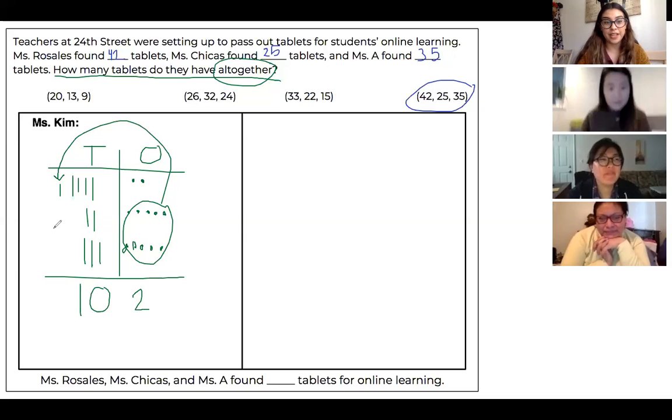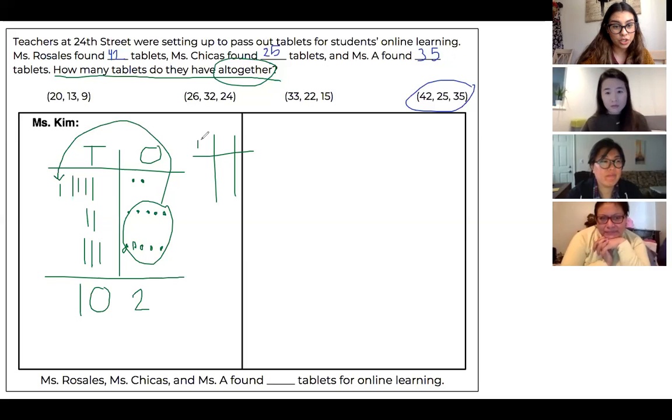In a place value chart, we can have more than 2 columns, right? We have the hundreds place, the tens place, and the ones place, and it can go on even further into more columns for other digits. So if we have 10 tens, that equals a 100. So thank you for that, Miss Kim.